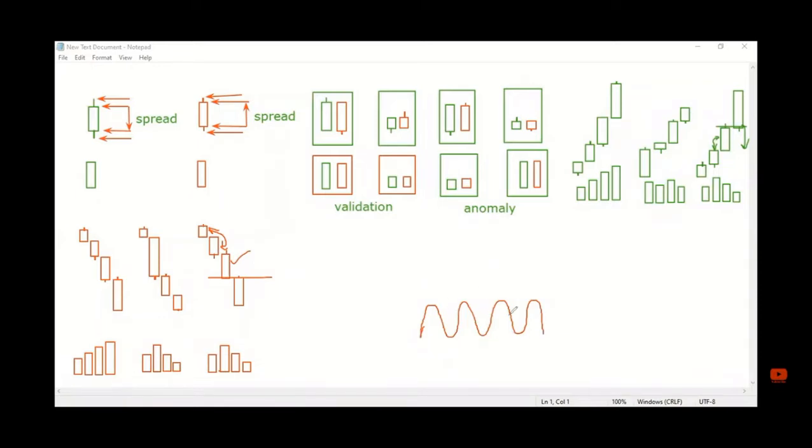So I will explain all the market conditions when I explain all the signal candles. When we see this type of market, this is called a sideway market or ranging market, a range. In this type of market, why is the market moving like this, up, down, up, down? Because the buyers and sellers are equally powerful here.